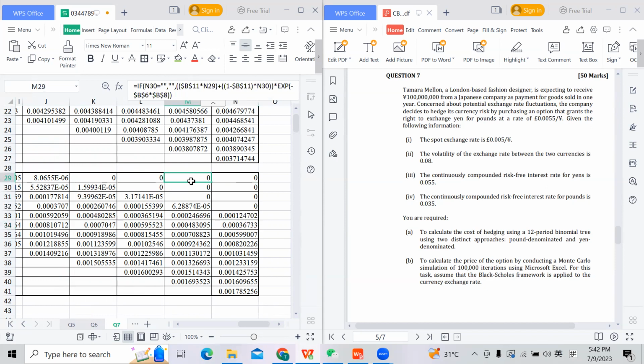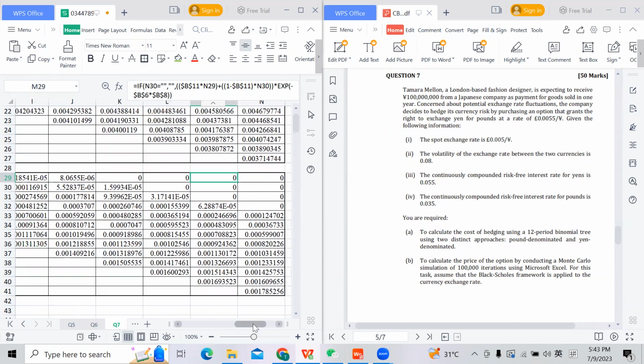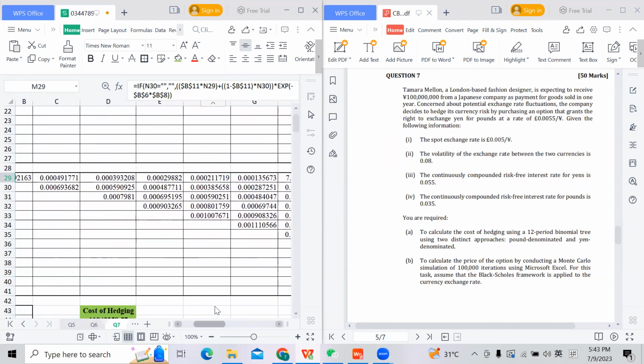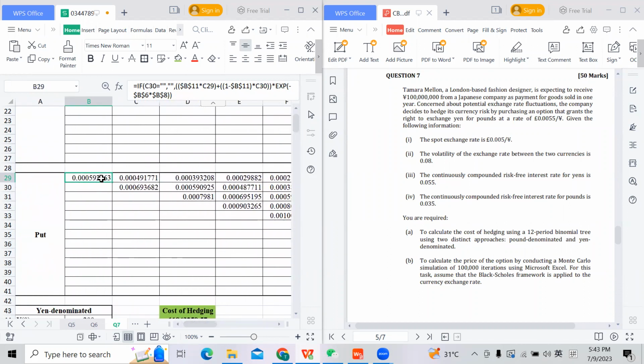Then for finding the put price, we compute the formula: P star times N29, which is the PU, plus Q star times PD, and then times the exponential of negative RH. Then just calculate until the current period.